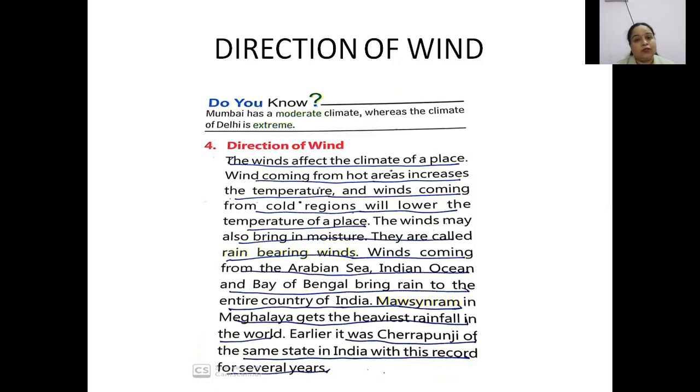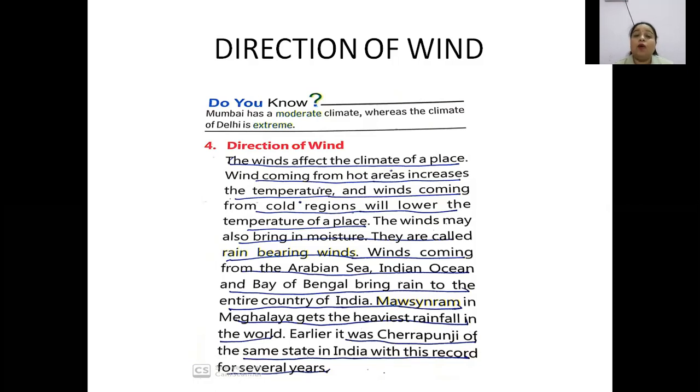But now Mawsynram has taken the first position, as it has been observed that it gets more rainfall than Cherrapunji. So these winds which bring rainfall are rain-bearing winds, and they also decide the temperature and climate of a place.